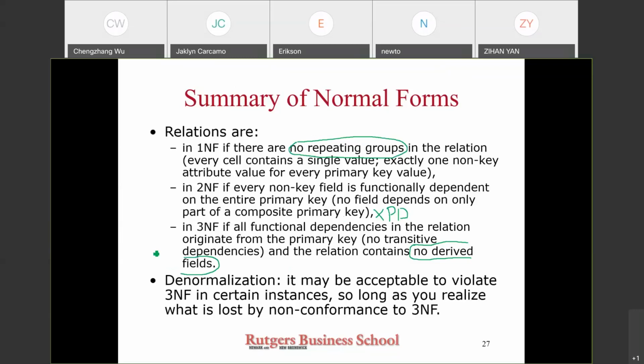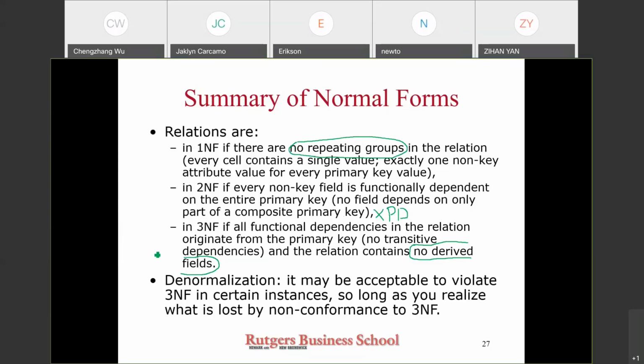So please note that it may be acceptable sometimes to violate third normal form in certain instances, so long as you realize what is lost by nonconformance to third normal form.